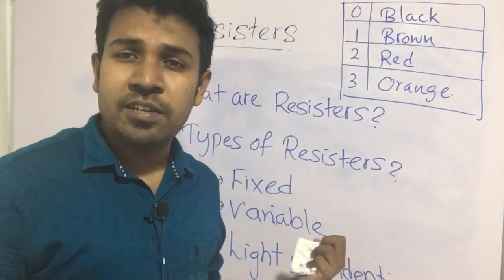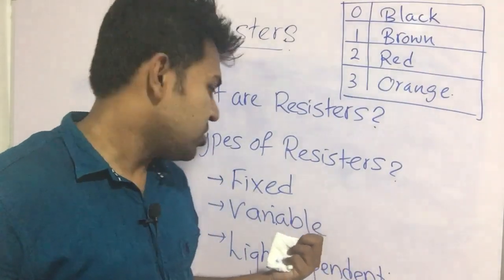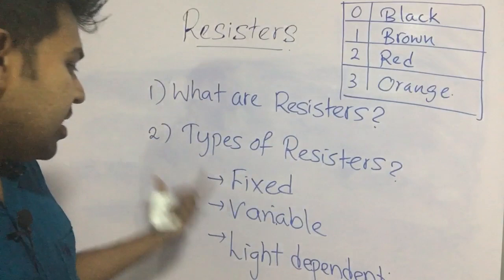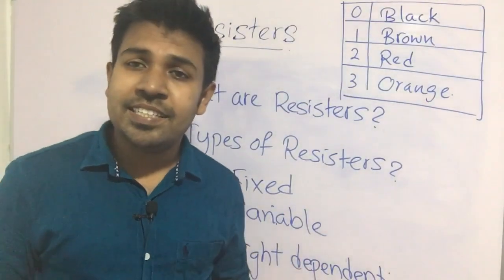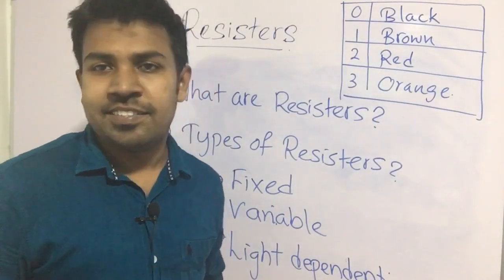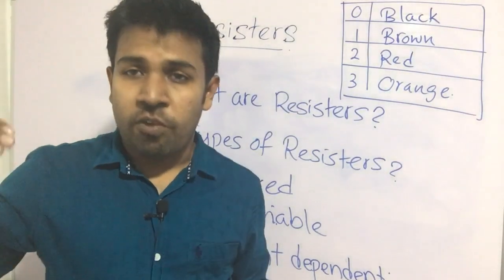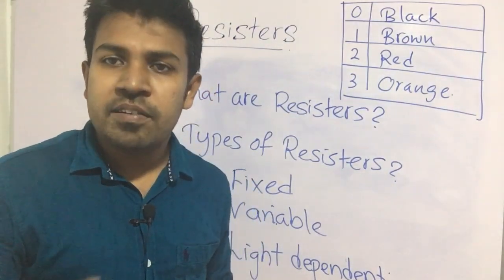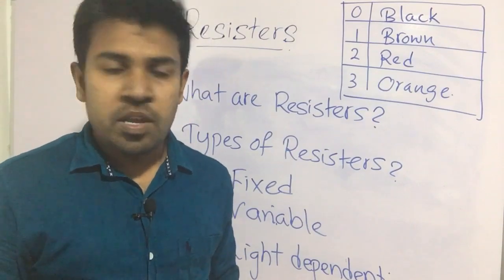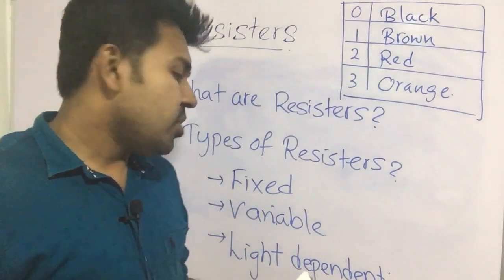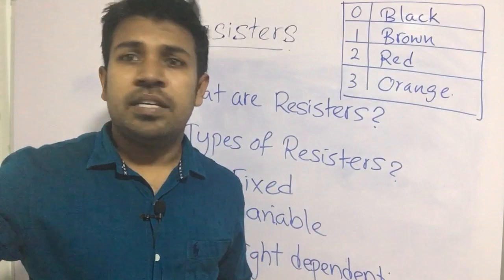I think you have heard about the rheostat, so that is also the same. Then the third type, light dependent resistors, means that when the light falls, the resistance will usually be reduced. We use these especially in street lamps.